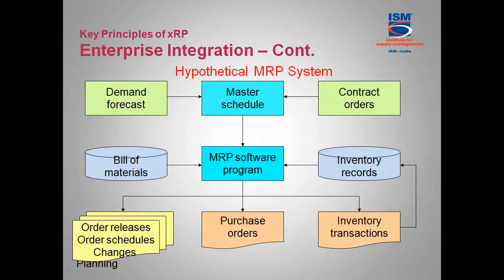So we are talking about the MRP system. The input coming into the MRP system is from master scheduling, which is the planning for end items. There may be contract orders. There can be a forecast for individual items. All these are inputs for the MRP system.